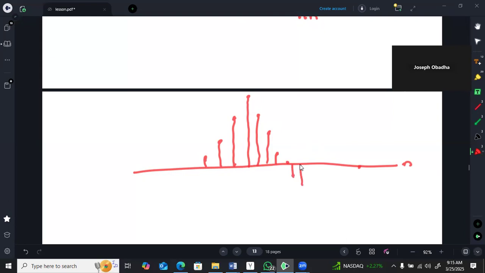Then they'll continue being progressively small as we move on. The same to this side. They continue being progressively small.